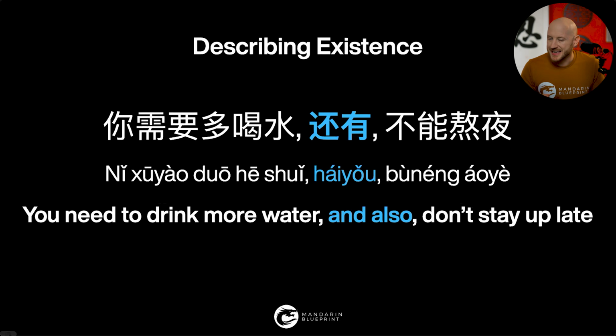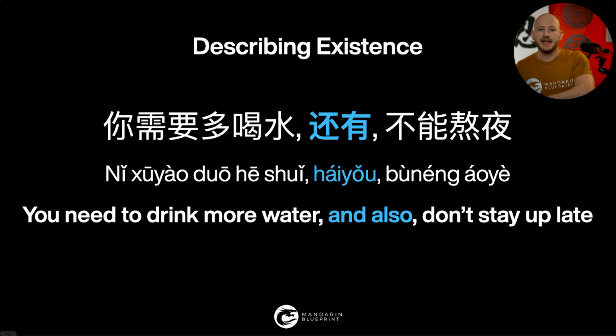And the 还有, it's addressing the fact that the 不能熬夜, the you can't stay up late, is not congruent with drinking more water. Drinking more water is the first action. 多喝水 and 不能熬夜 is kind of a separate thing.